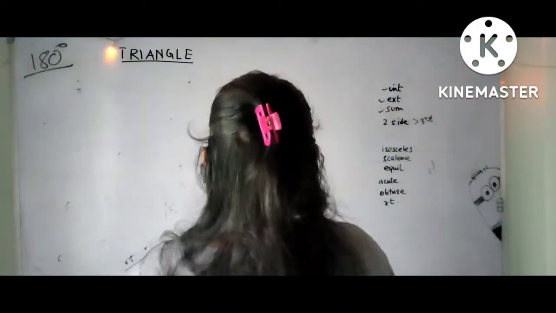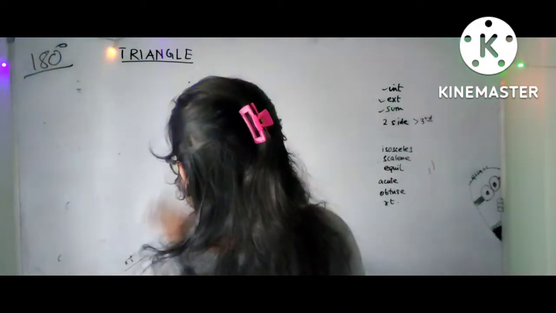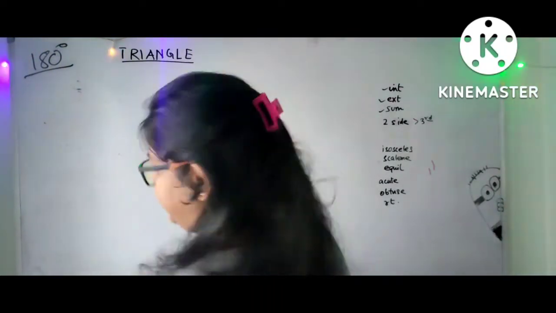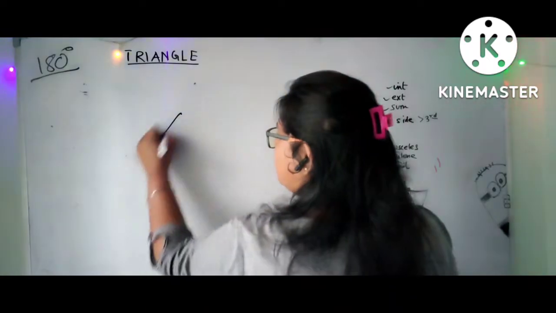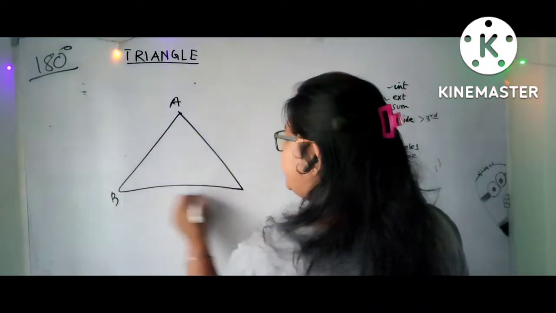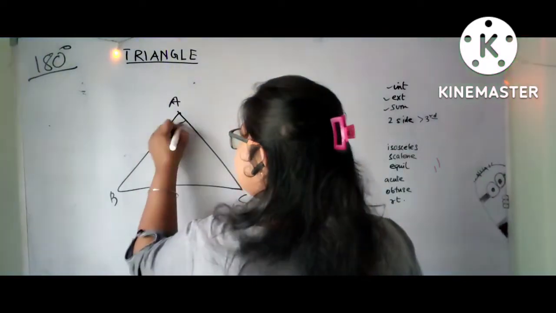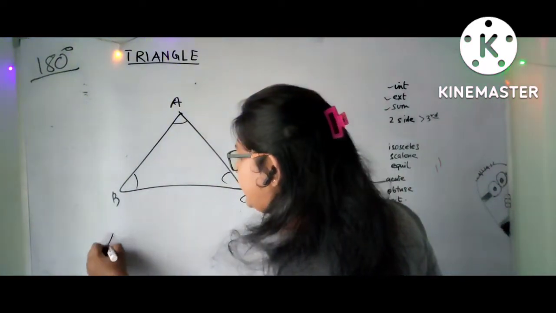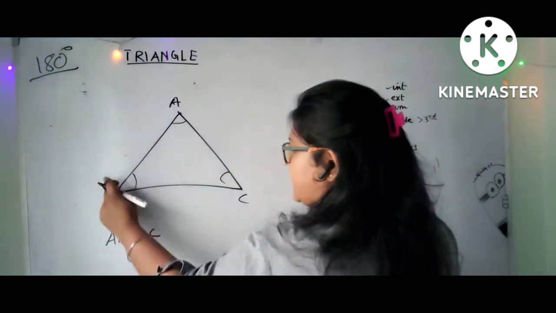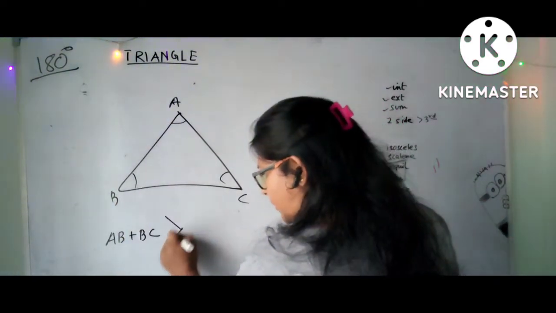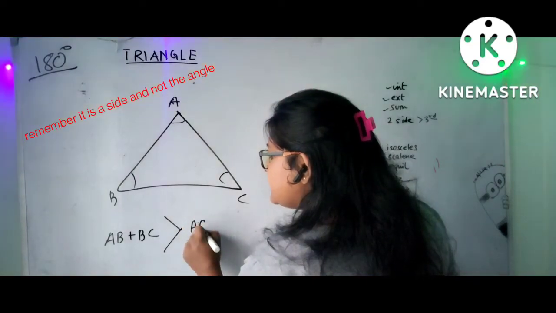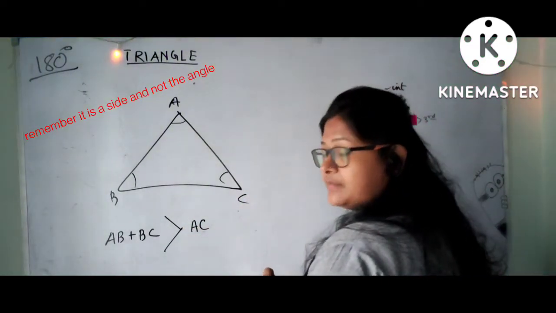Now in this case, as I told you, the sum of the three angles of a triangle is 180. There is a law for the sides also, A, B and C. There is a rule that the addition of any two sides, AB and BC, will always be greater than the third side, CA or AC.